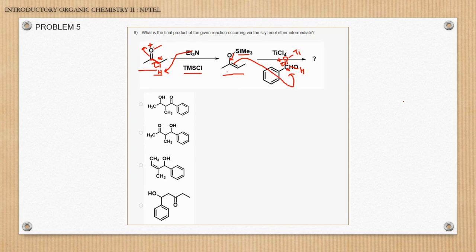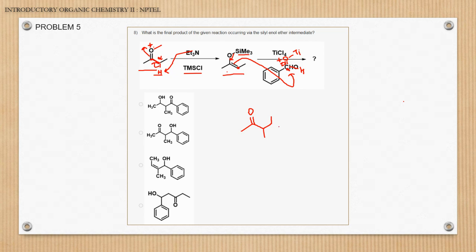After hydrolysis, your O-Ti bond will get OH formation. So if you have this bond, the O-silyl bond is getting cleaved. So here, at this position this group is getting attached. Fine. So at this position this group is getting attached.